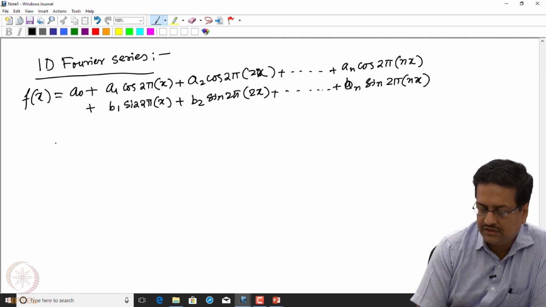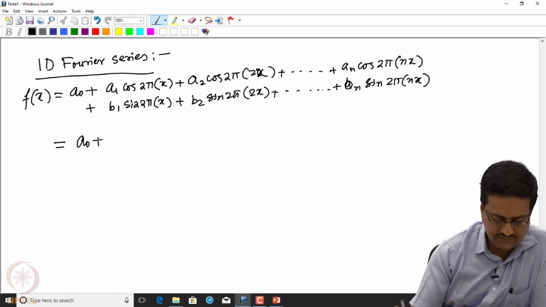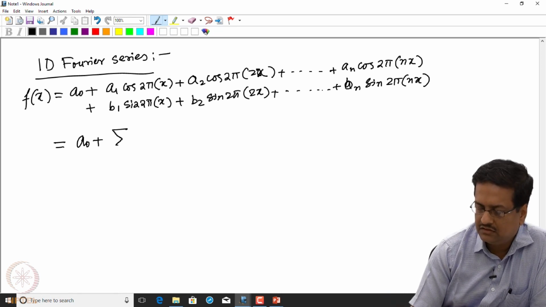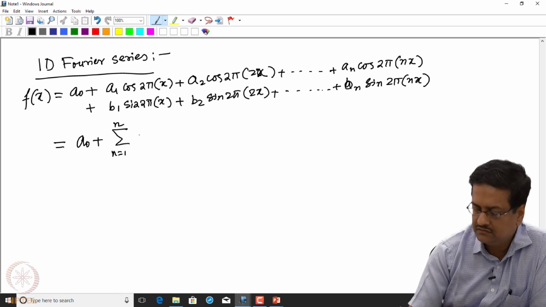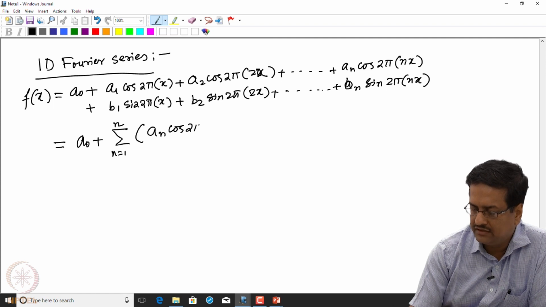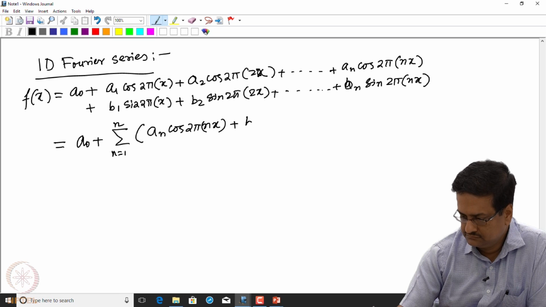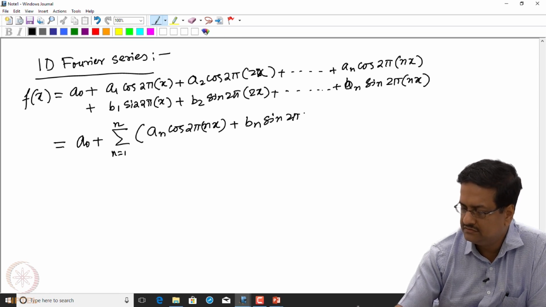In a simplified manner, one can write it as a0 plus the sum over n equal to 1 to n of an cos 2 pi nx plus bn sin 2 pi nx.